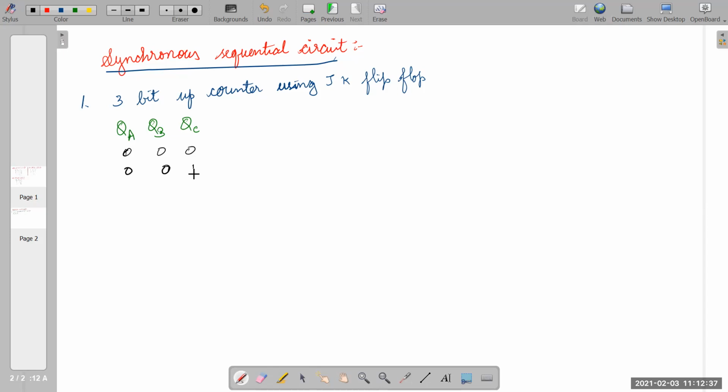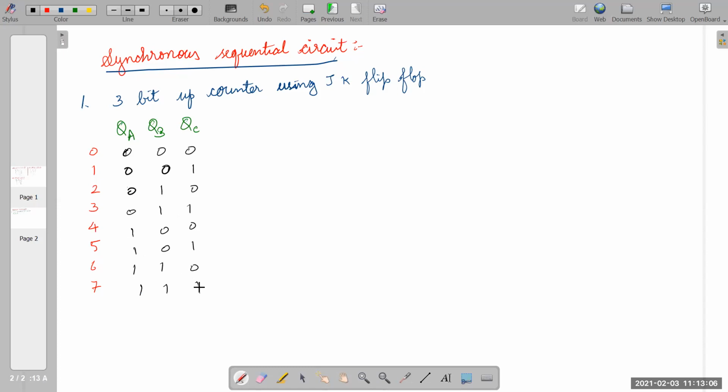First, all are 0. At this side I will write the decimal for our reference. First count is 0, then 1, then we have 2, 3, 4, 5, 6, 7. In binary, 1 is 001, 2 is 010, 3 is 011, 4 is 100, 5 is 101, 6 is 110, 7 is 111.